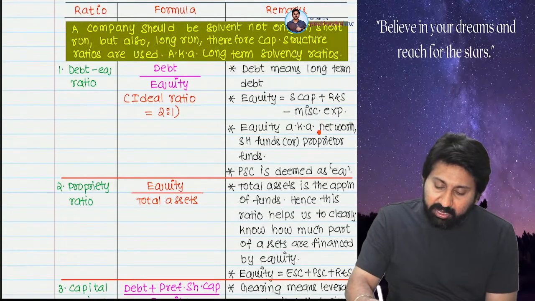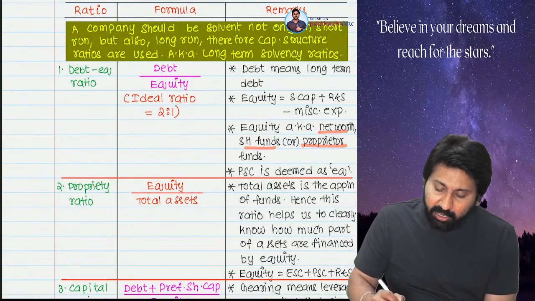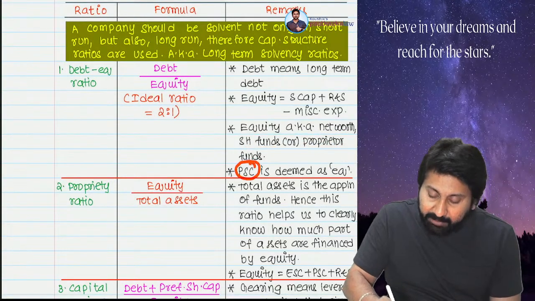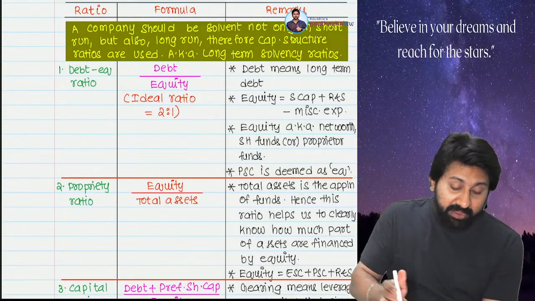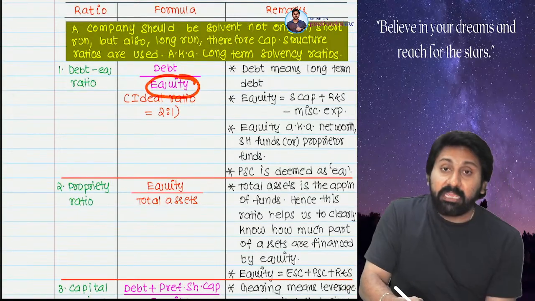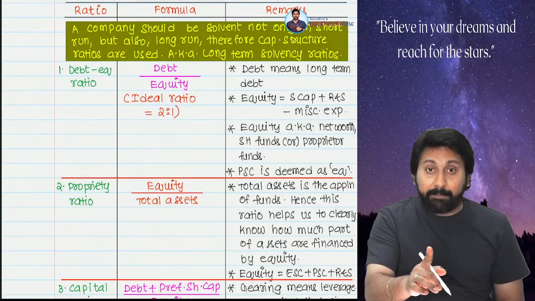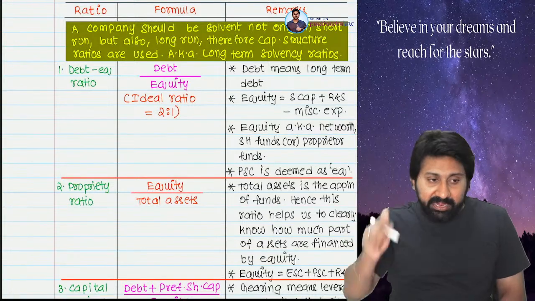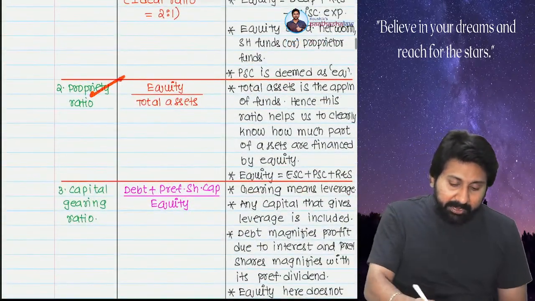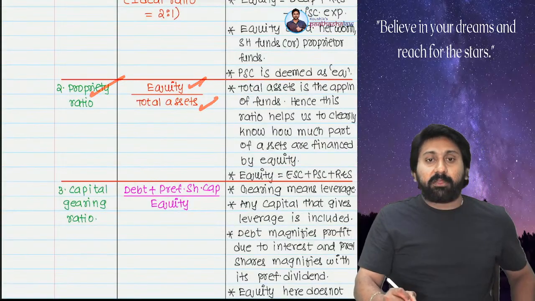Equity is also known as net worth, shareholder fund or proprietor fund. Preference share capital is deemed as equity. So whenever I say equity, equity represents equity share capital, preference share capital, reserves and surplus minus miscellaneous expenses. Proprietary ratio, equity by total assets.